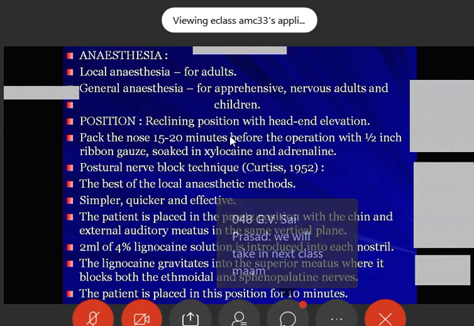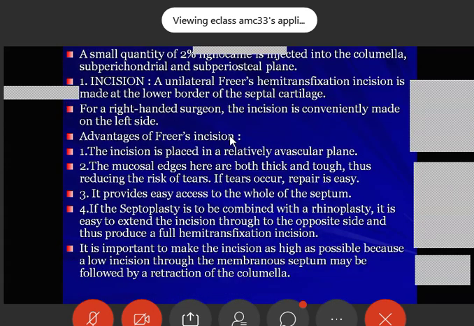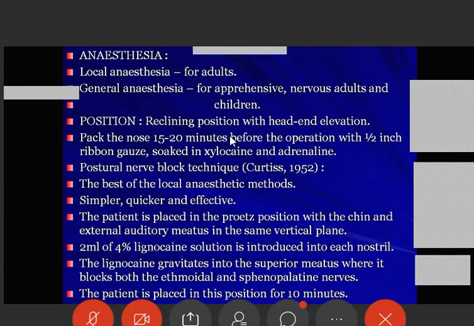So anesthesia, either local or general anesthesia you can do. Position is Rose's position, that is 15 to 20 degrees elevation of the head end. You have to pack the nose 15 to 20 minutes before the operation with half inch ribbon gauze soaked with xylocaine and adrenaline. Xylocaine acts as an anesthetic and adrenaline acts as a vasoconstrictor and increases and prolongs the action time of xylocaine.